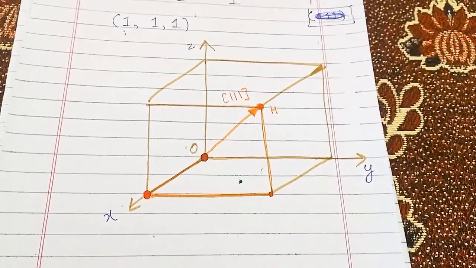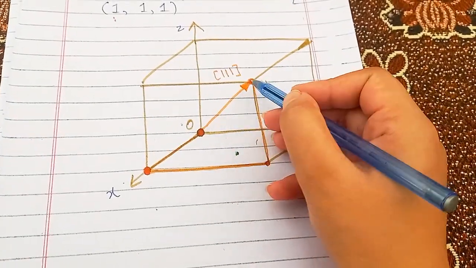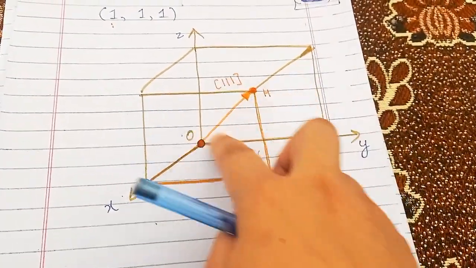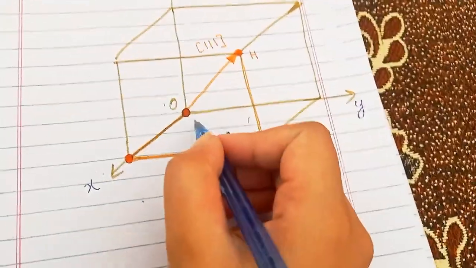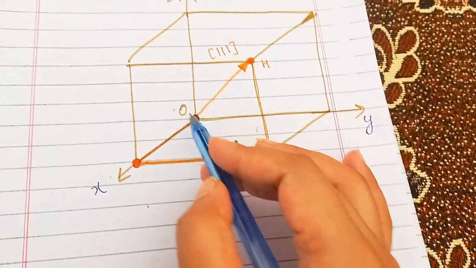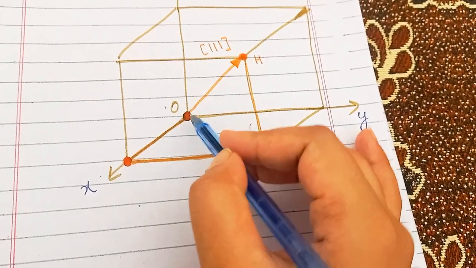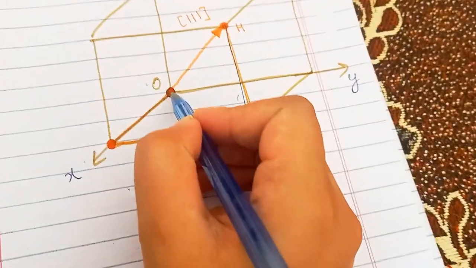Now we need to calculate its linear density, and for that purpose we should know the length of this line and the net number of atoms lying on the line. First, let's calculate the length of the line. For that purpose, let's make a triangle. We have this hypotenuse, this perpendicular, and the base will be this.